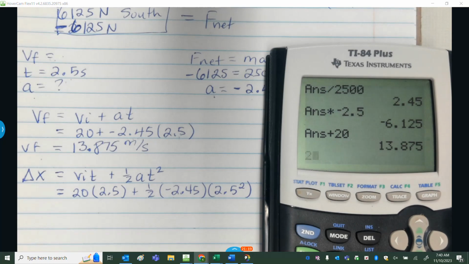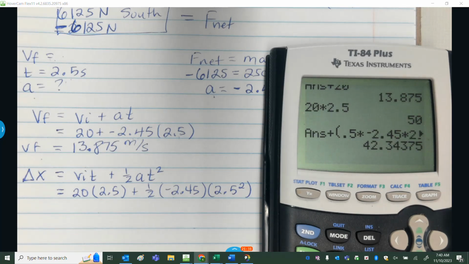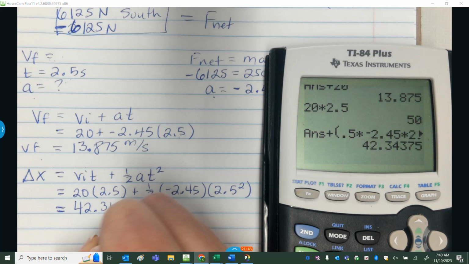We have 20 times 2.5 plus 0.5 times negative 2.45 times 2.5 squared. And that gives us this. Please check that the negative sign is there, otherwise you will get the wrong answer. I get a displacement, delta x, equal to 42.344 meters.